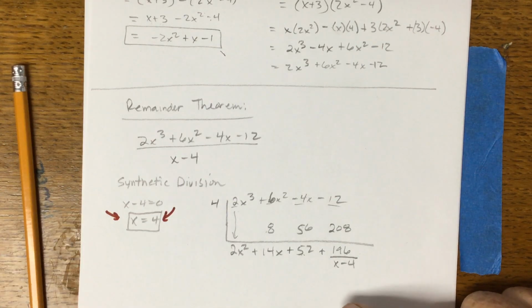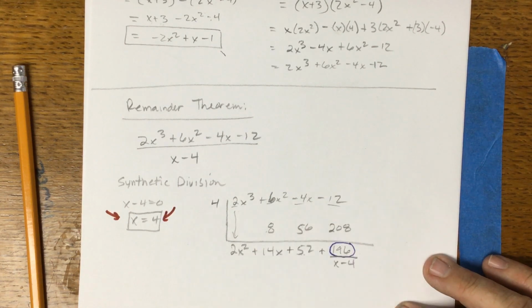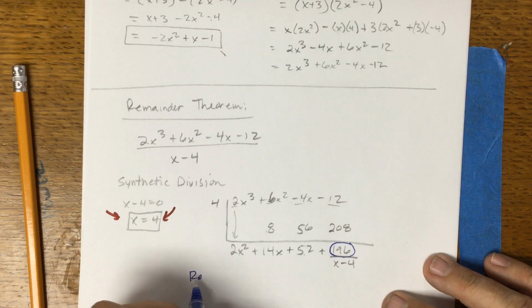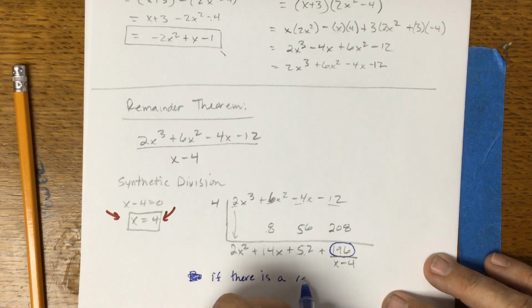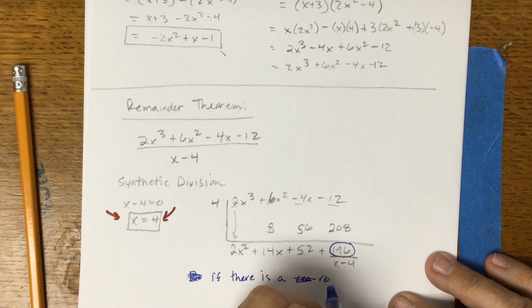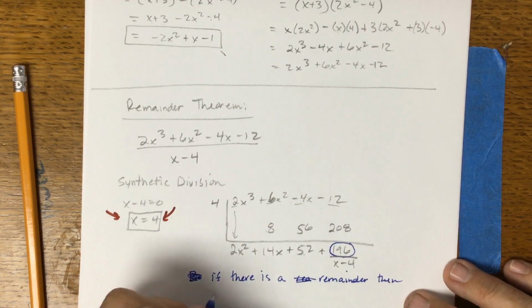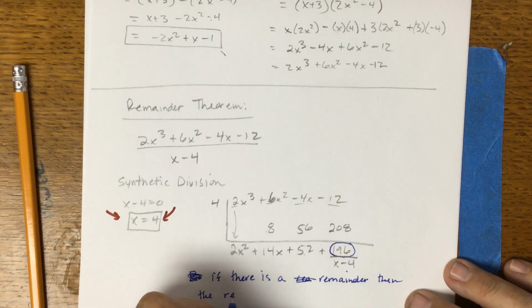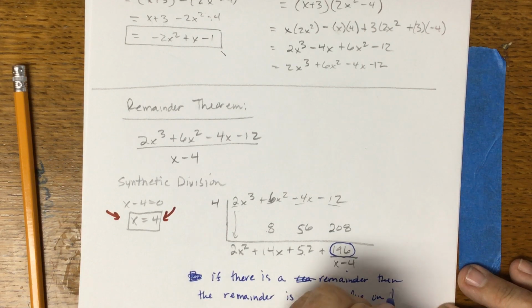Now, the remainder theorem states this. Since we got a value right here, the remainder theorem says, well, if there is a remainder, then the remainder is a y value on the line.